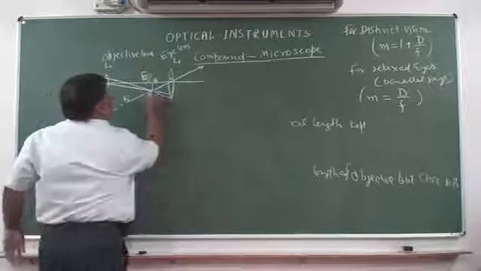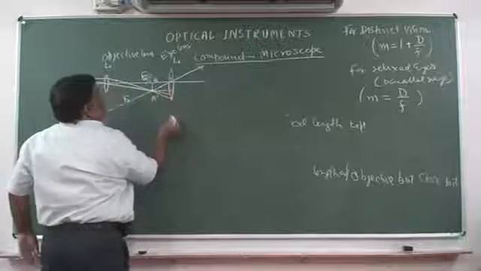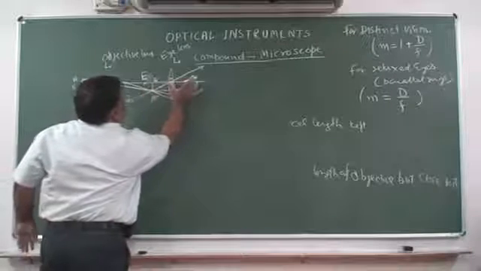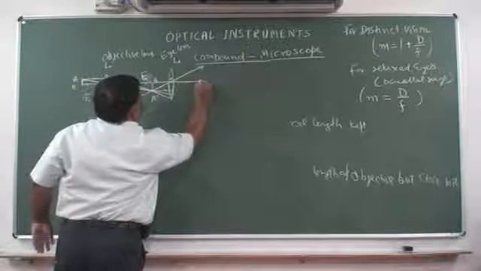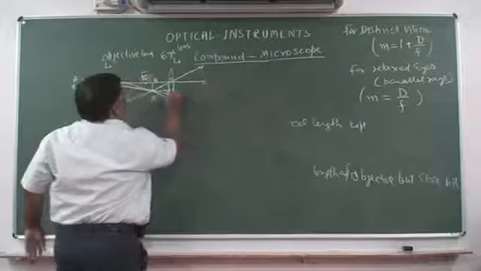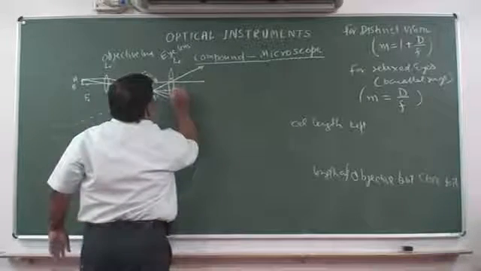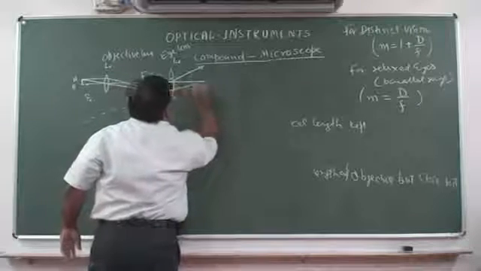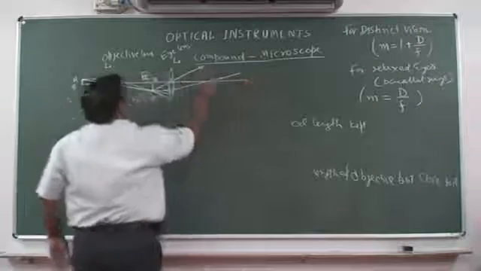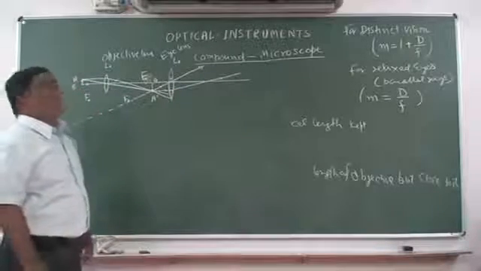Okay, but this is one ray. What about the other ray? We take another ray, this parallel. This ray is parallel and this is the focal length, and here is the focus. So if the focus is here, then this ray will go through the focus like this. These are the two rays.